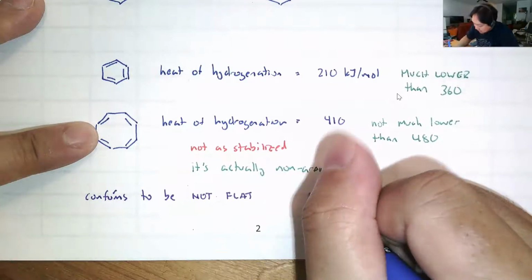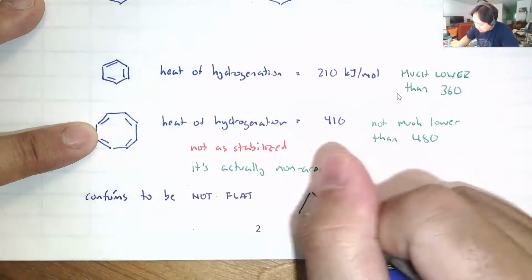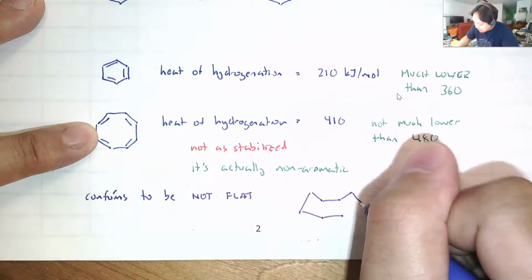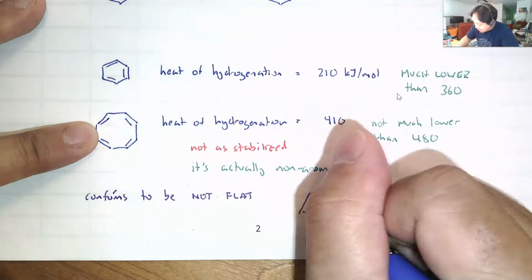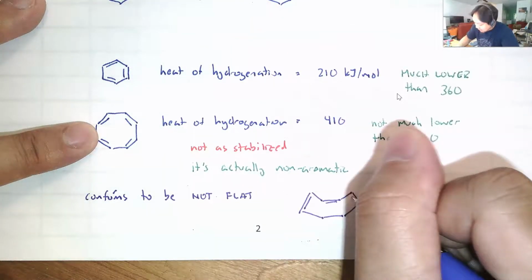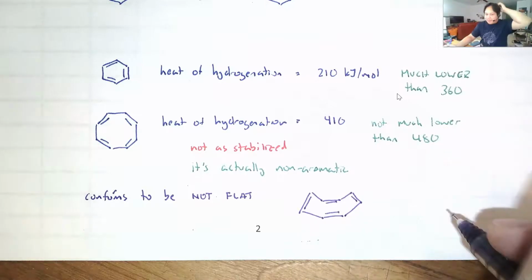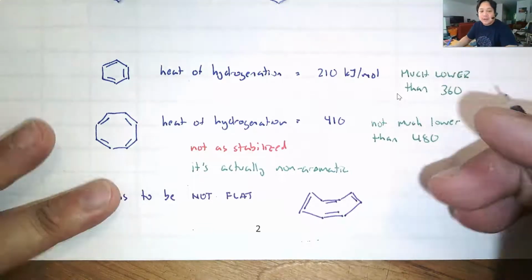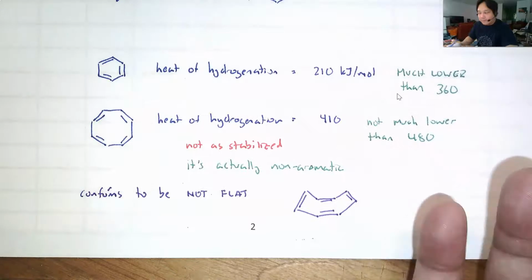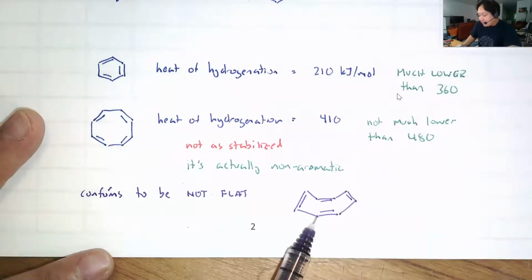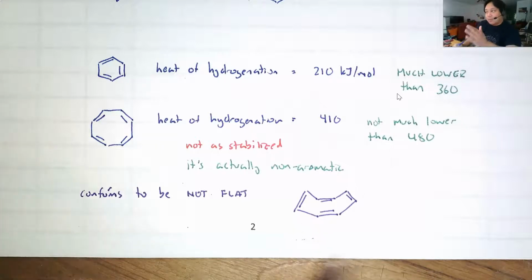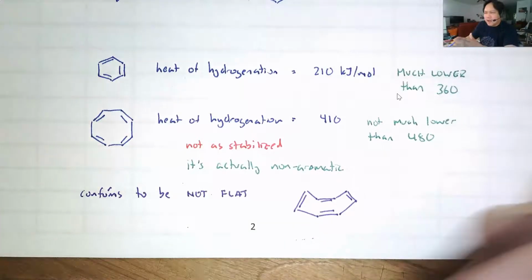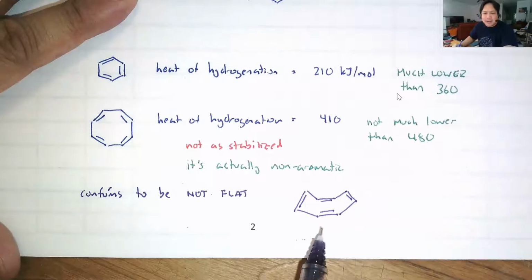So instead, it's kind of hard to see in 3 dimensions, but that stop sign can look like this. And you would have your double bonds alternating, like this. Almost like a boat, sometimes people call it, but it puckers, it unflattens, so we can't have resonance because now our p orbitals are not aligned. Now, normally you would think, wow, I really don't want my p orbitals aligned.